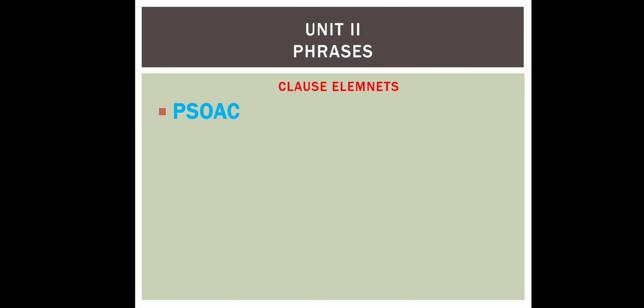P stands for predicator, S stands for subject, O stands for object, A stands for adverbial, and C stands for complement. Of these clause elements, predicator is the most important because we cannot think of a clause without a predicator.